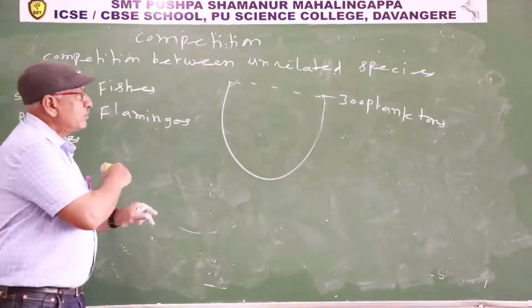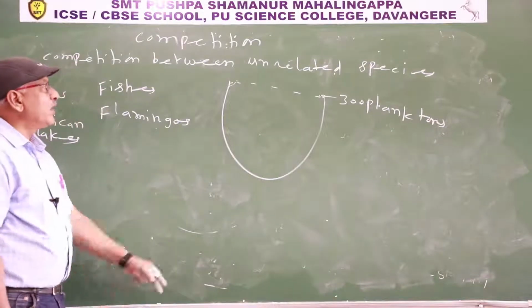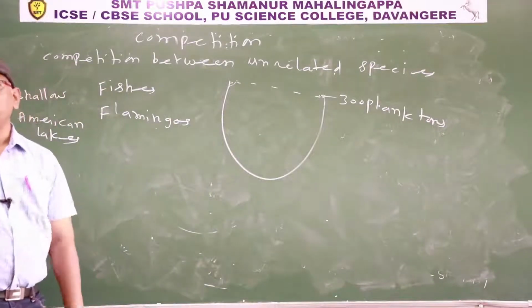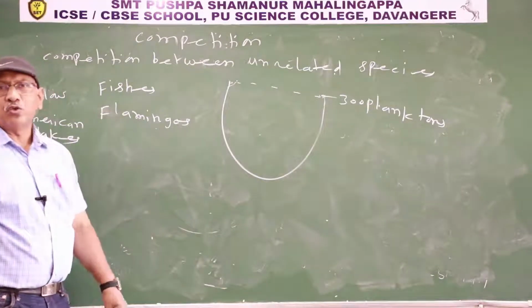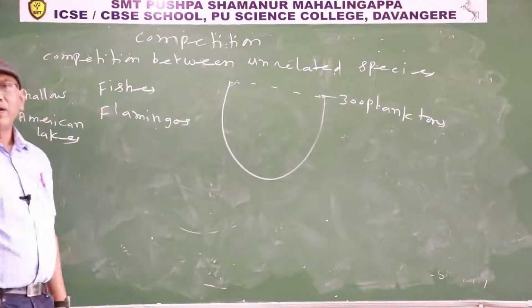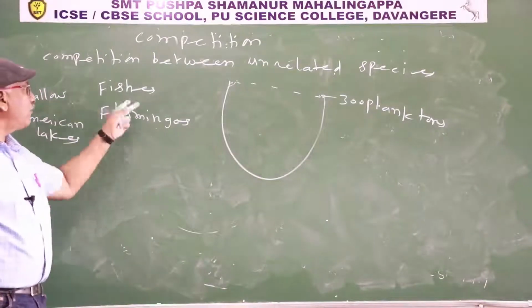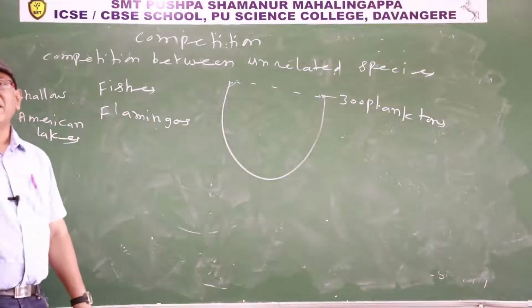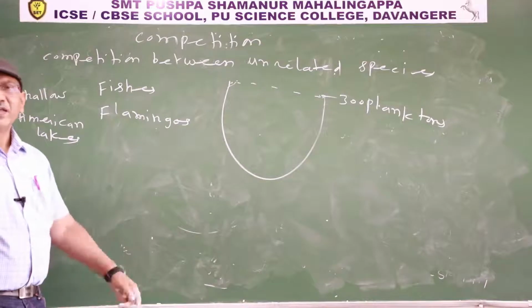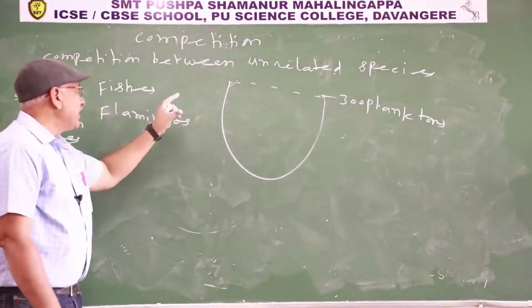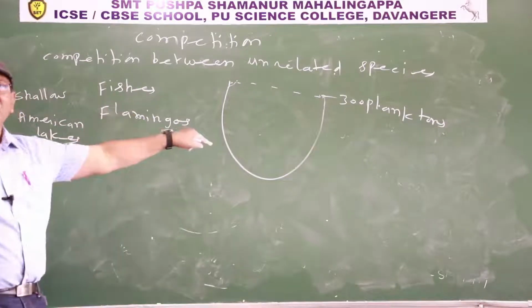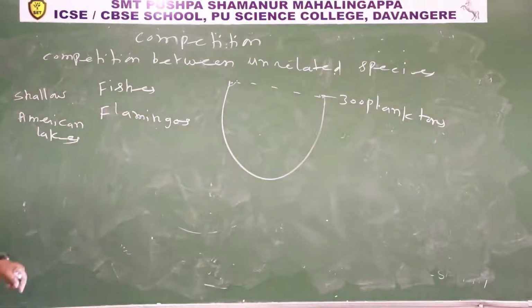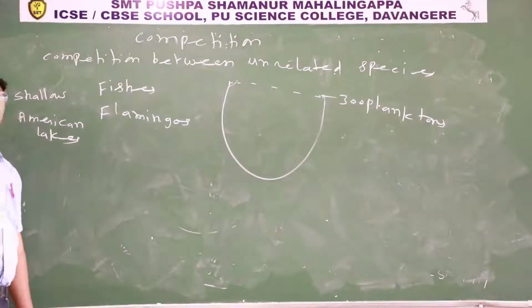Throughout the year except winter, the fishes easily obtain zooplankton. In winter, the fishes fail to obtain zooplankton in the presence of flamingos. So in the presence of flamingos, fishes are inferior. So the fitness of one species is decided in the presence of another species. This is about competition between unrelated species.